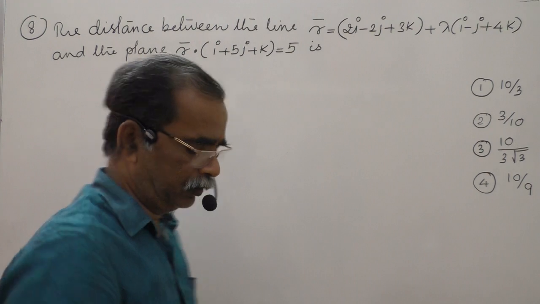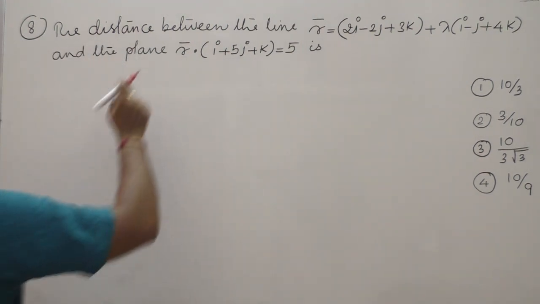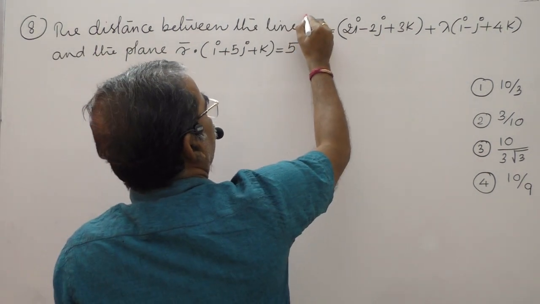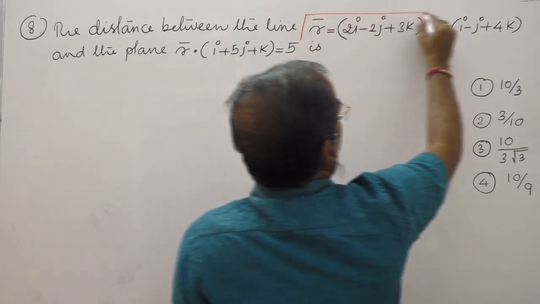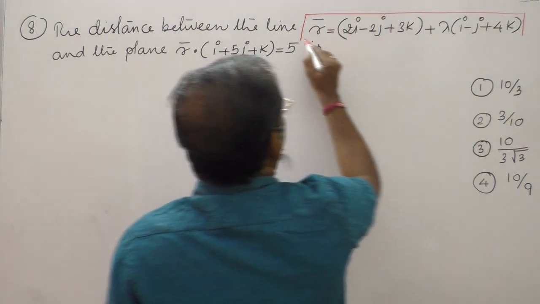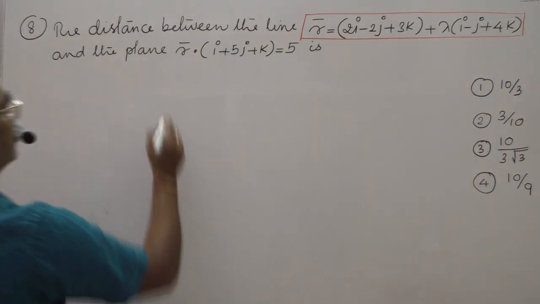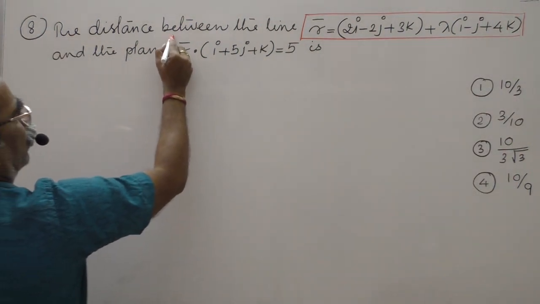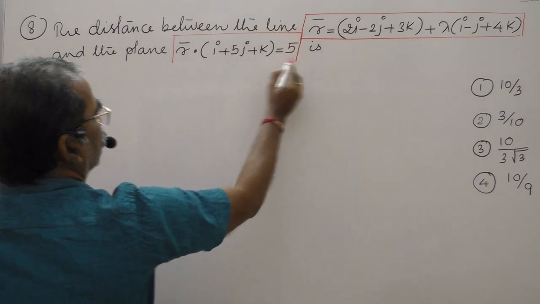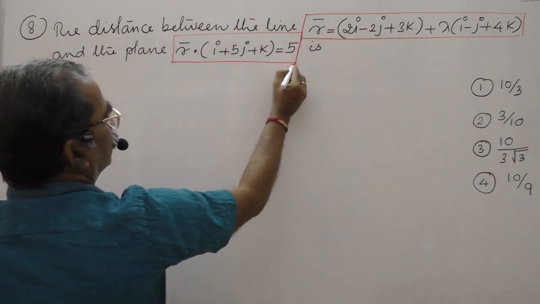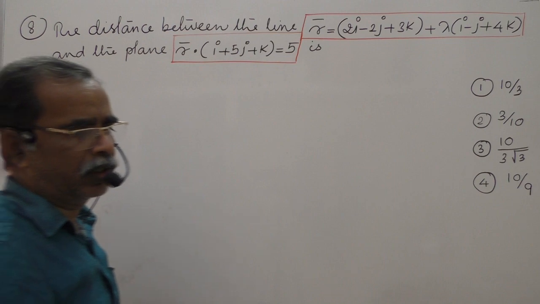Yes. Next question. The distance between the line, here a line is given, this is the line, and the plane. A plane is given. What is the distance between the given line and the plane? So here, common sense. Listen.